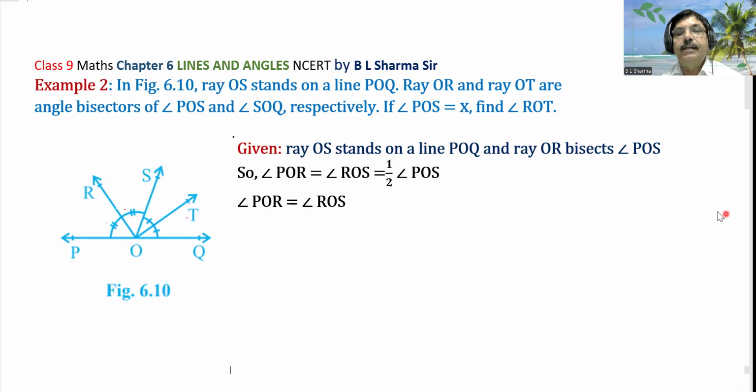So you can write this is half of x and this is also half of x degree because it is given angle POS is equal to x degree.